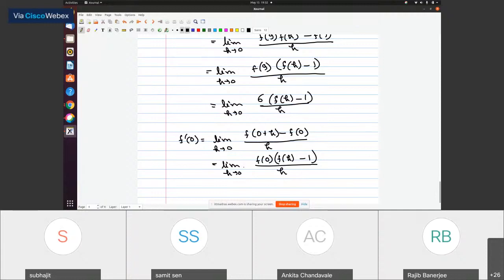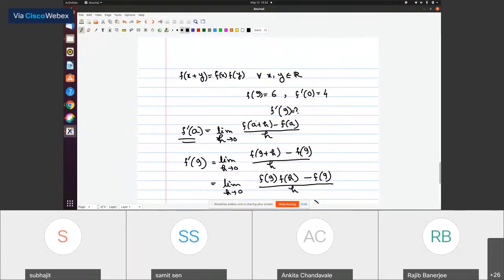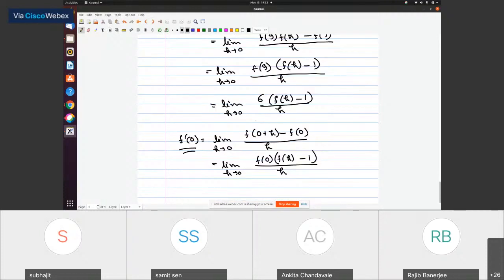So can you solve it now? I mean, it's clear now, right? We know the value of f dash 0. You have to just put it here, right? f dash 0 value is given to be 4.